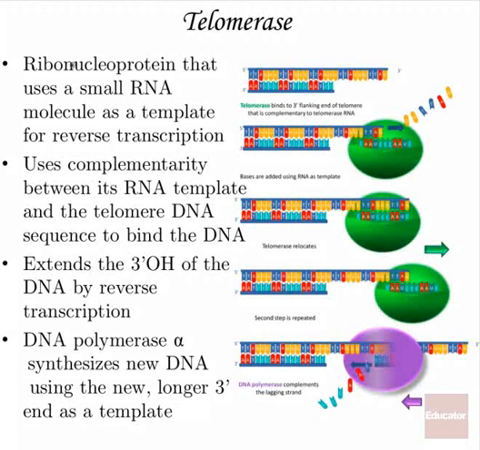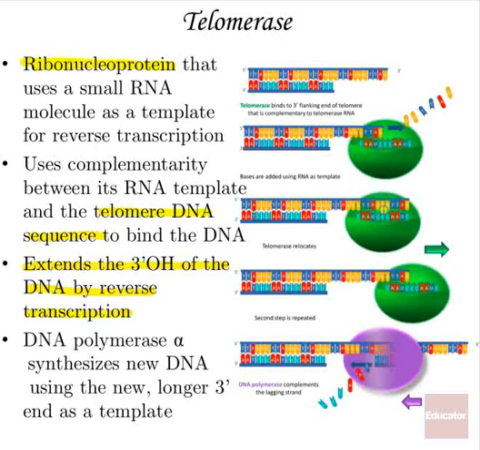So it's a ribonucleoprotein. That means it consists of an RNA as well as protein, and it uses this small RNA molecule as a template for reverse transcription. Remember, reverse transcription is making DNA from RNA. It uses complementarity between its RNA template and the telomere DNA sequence, and that binds the DNA, and it will eventually extend the 3' OH of DNA by reverse transcription.